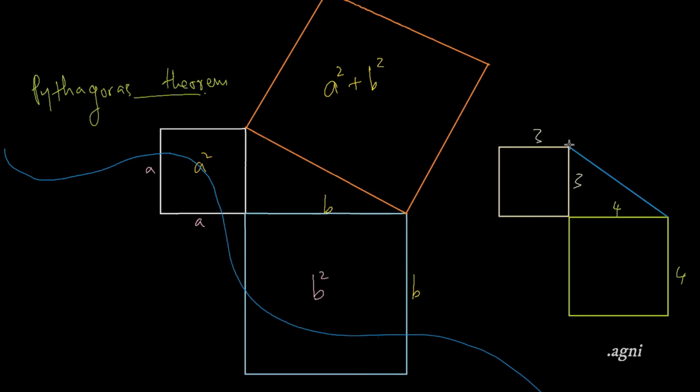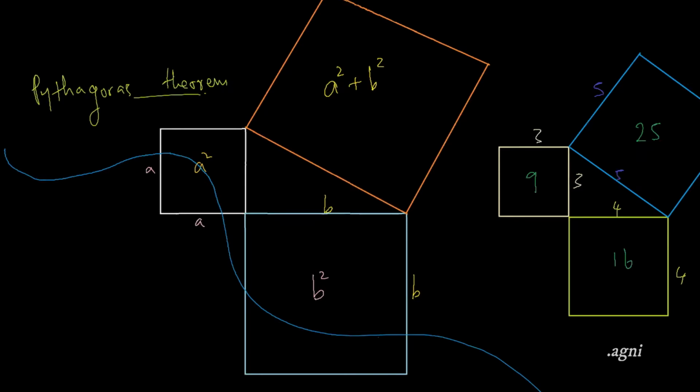What should be the new area? This area is 3 into 3, 9. This is 4 into 4, 16. The new area is exactly going to be 25. So in this case, this one side would be 5, and this one side would be 5.